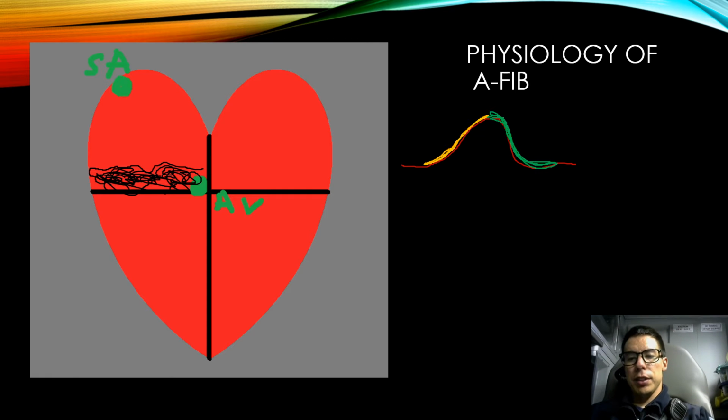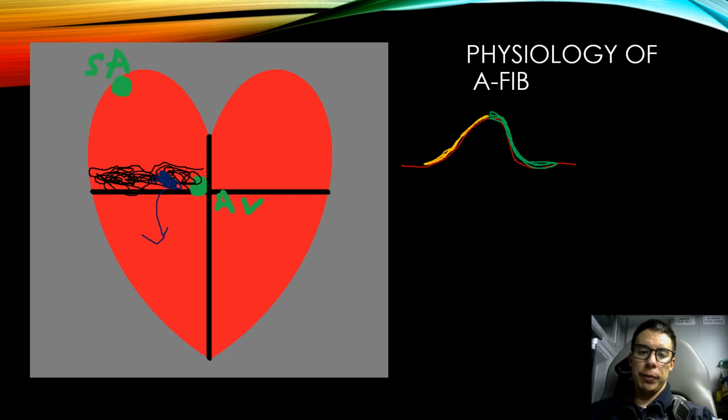Well, what can happen is, let me make this in blue, we get a little clot that forms from that decreased movement of the blood, from it just pooling there. And that clot eventually can end up falling down into the ventricle, or the right ventricle here.